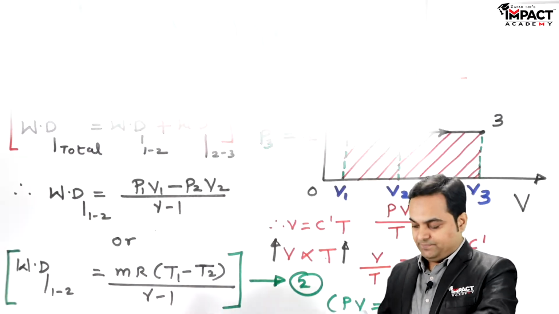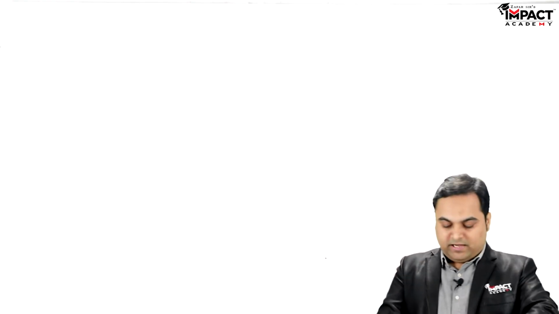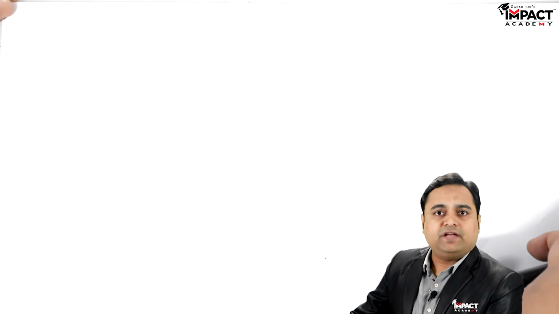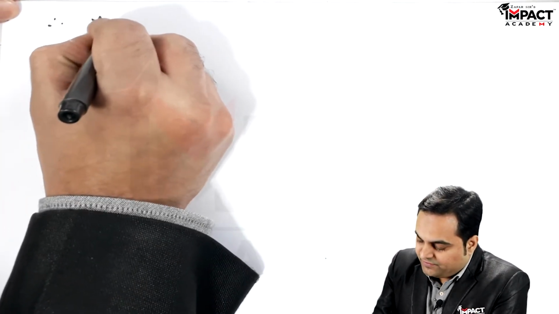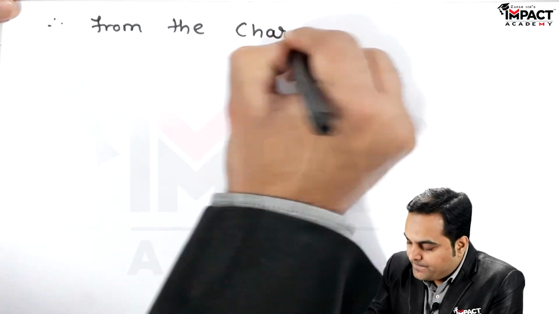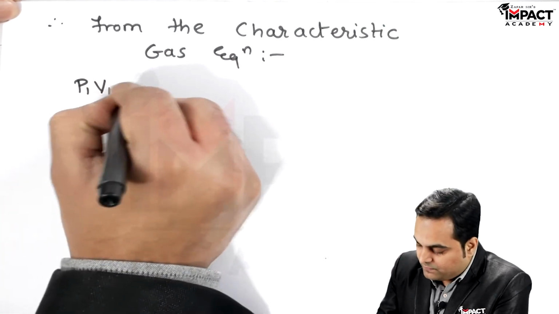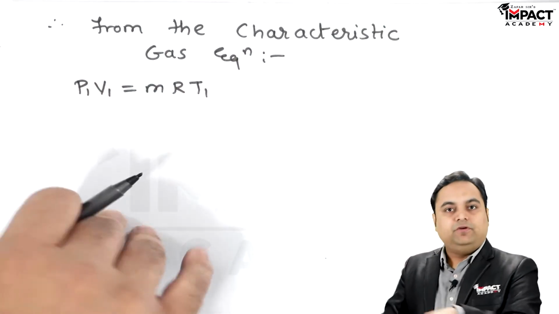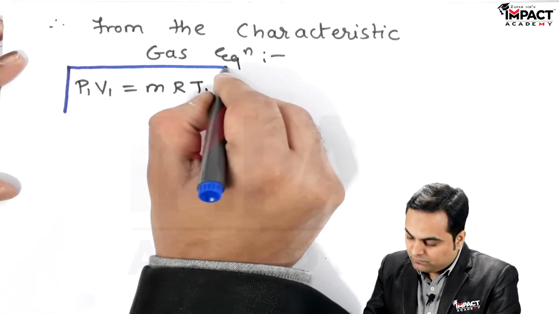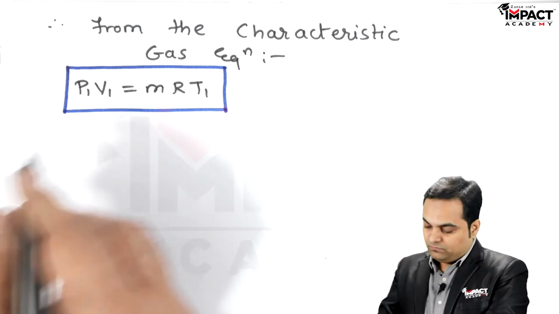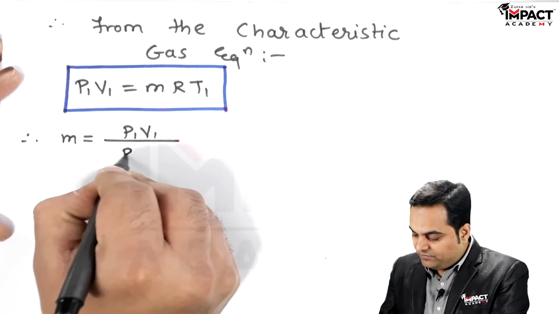So here I'll say that after equation number 2, in order to calculate the mass, use the characteristic gas equation. So from the characteristic gas equation, which is P1 V1 equal to MRT1, therefore M will be equal to P1 V1 upon RT1.